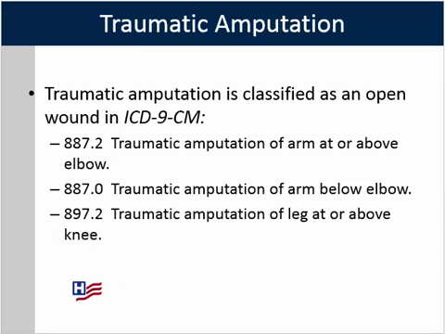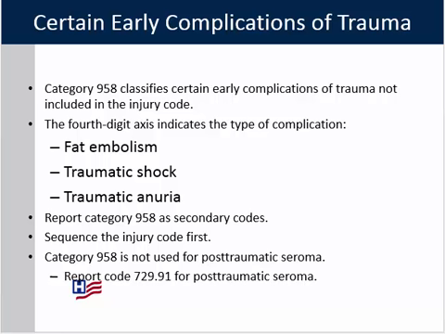When listed as a diagnosis, traumatic amputation is classified as an open wound in ICD-9. Be careful though, the term amputation is also used for an amputation procedure, which can be performed for a variety of reasons other than the treatment of trauma. Certain early complications of trauma are not included in the code for the injury. These are classified in category 958. The fourth digit indicates the type of complication.